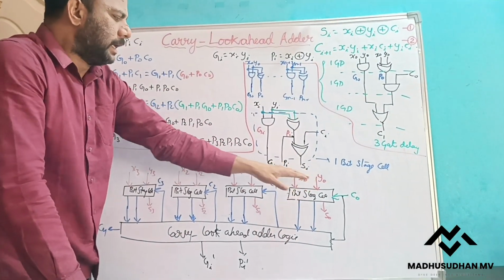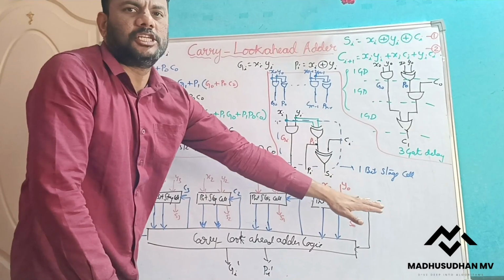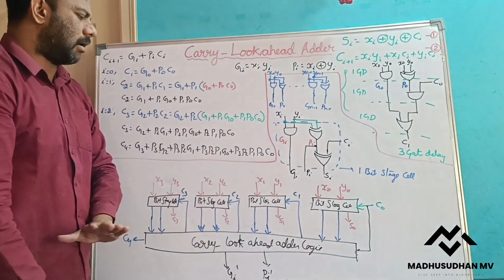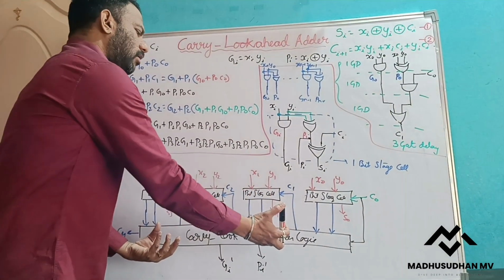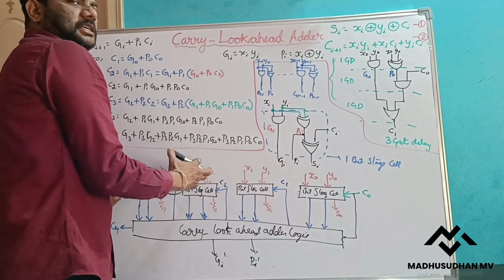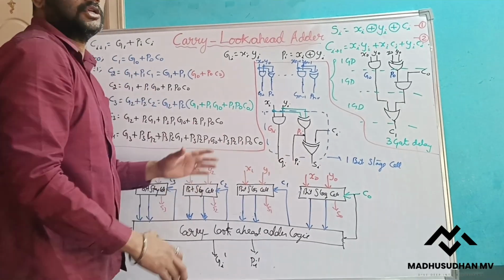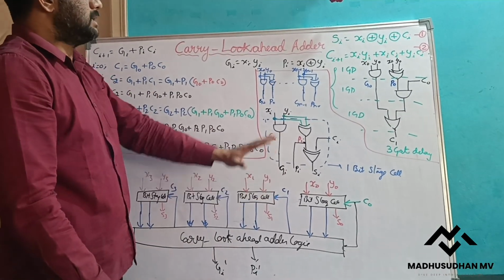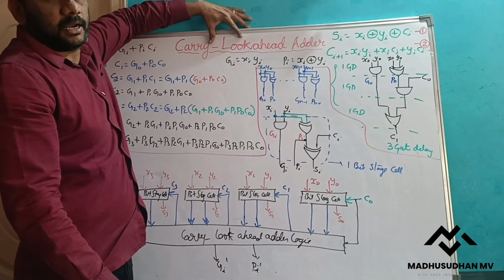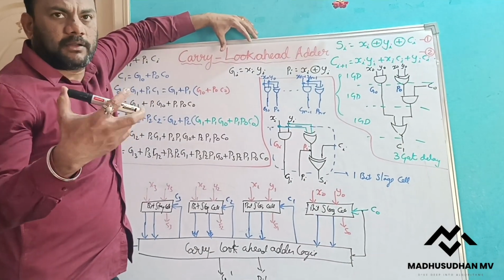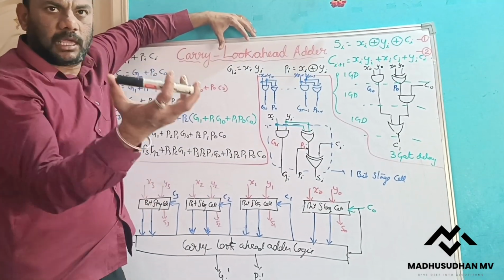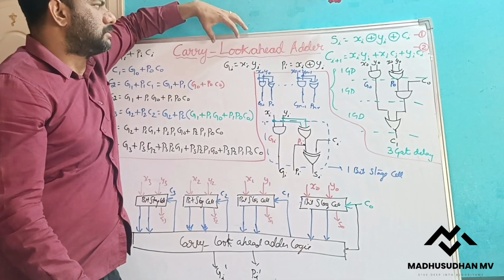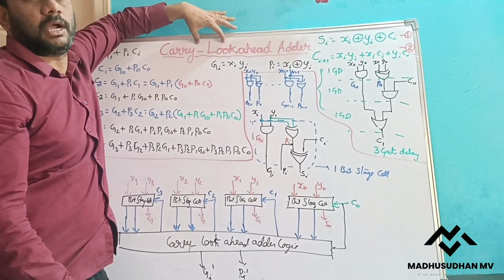As soon as I know the xi bits, yi bits and the initial carry, I can calculate all the stages in parallel, with no dependency on the previous stage. Hence this adder is called a fast adder. The adder circuit used in the ALU of our systems is this carry look ahead adder logic.